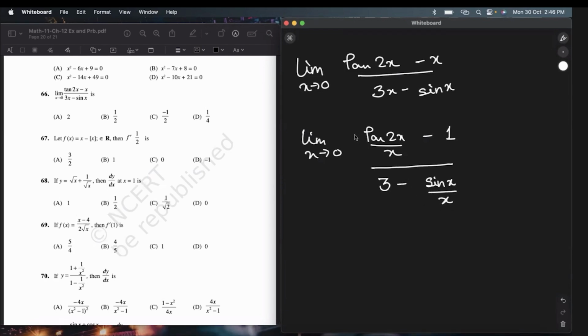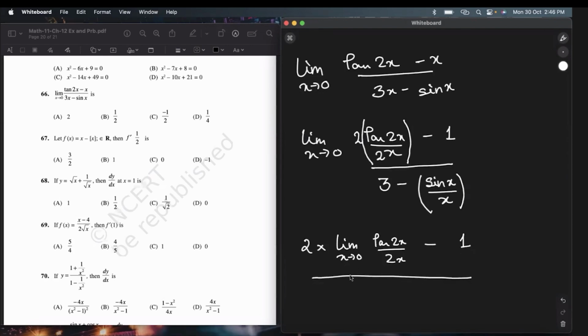Alright. Now, if I just divide and multiply by 2, then it is tan 2x by 2x. And this is sin x by x. And if I just distribute this limit, it is limit x tends to 0 of (2 times tan 2x divided by 2x minus 1) whole divided by 3 minus limit x tends to 0 of sin x upon x.